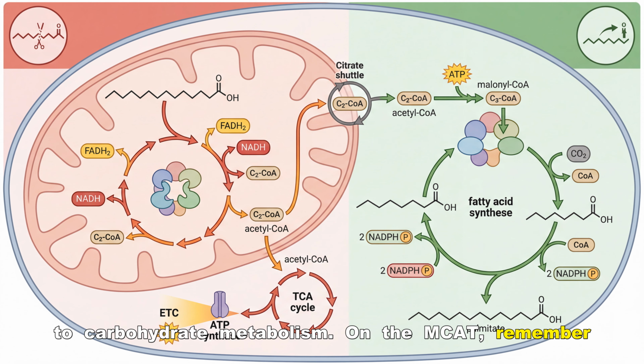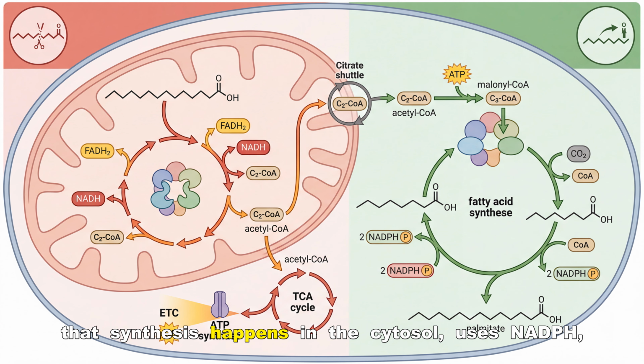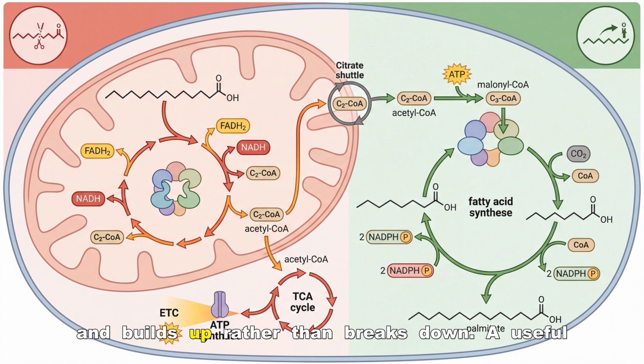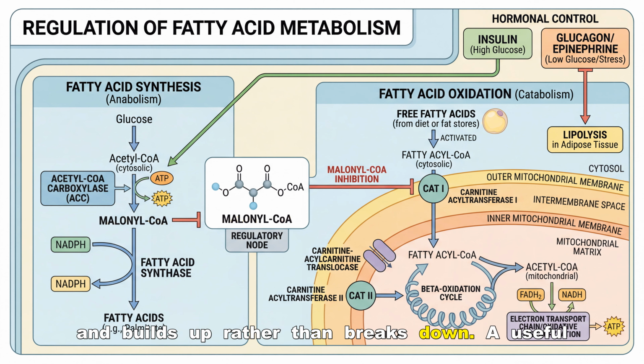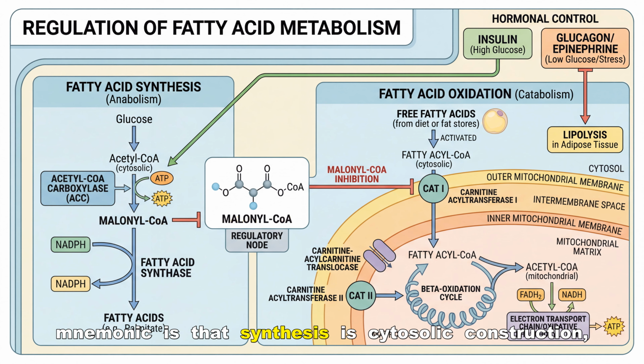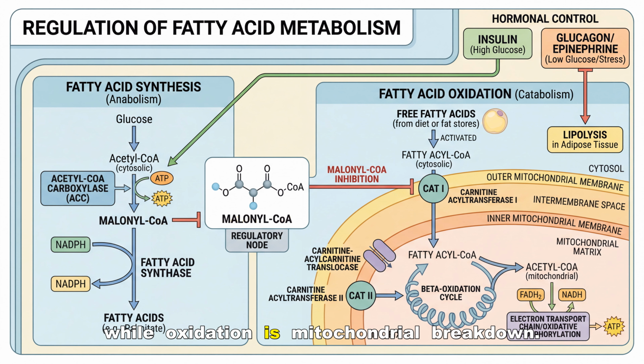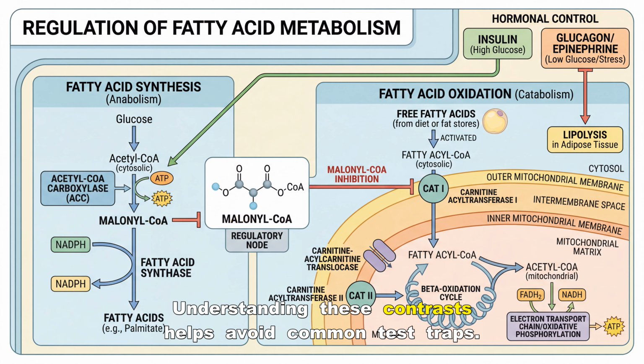On the MCAT, remember that synthesis happens in the cytosol, uses NADPH, and builds up rather than breaks down. A useful mnemonic is that synthesis is cytosolic construction, while oxidation is mitochondrial breakdown. Understanding these contrasts helps avoid common test traps.